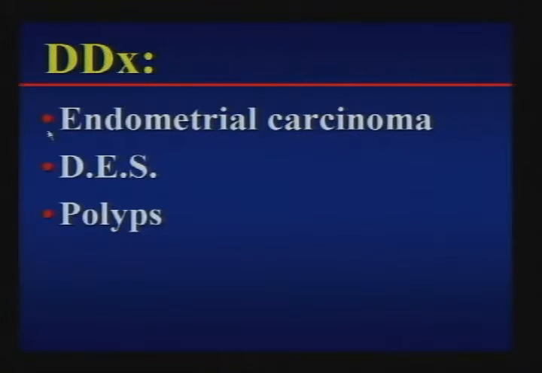Well, if you diagnosed endometrial carcinoma this way, you deserve the Nobel Prize. No one does it anymore, but again, it's something that could be in there, and maybe the patient's not getting pregnant because she has endometrial CA. Unlikely. DES, the DES uterus is small and T-shaped, so make sure you've taken a good look at the size of the uterus, and polyps. Sometimes they can be irregular and confluent, but the scarring is fairly characteristic.